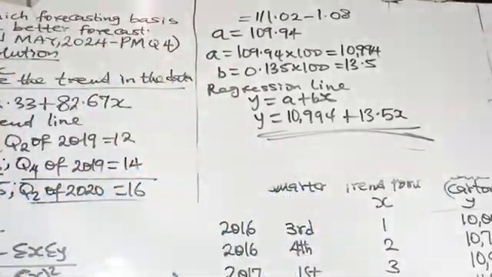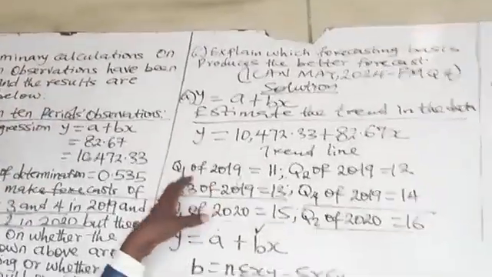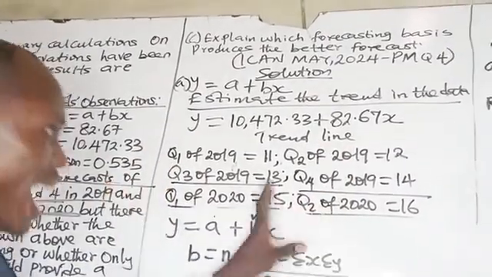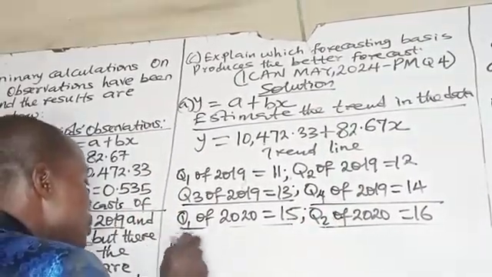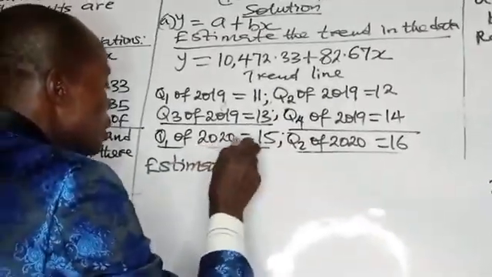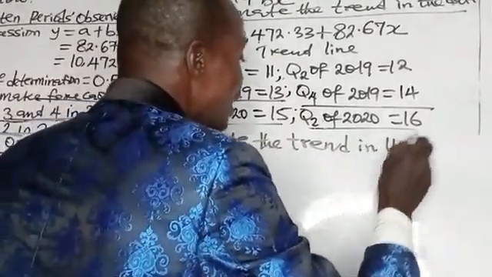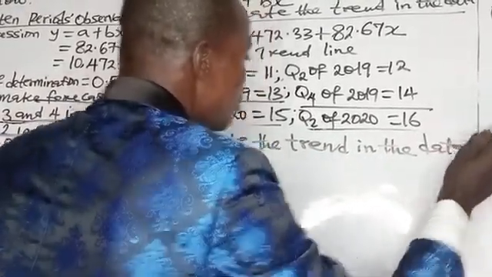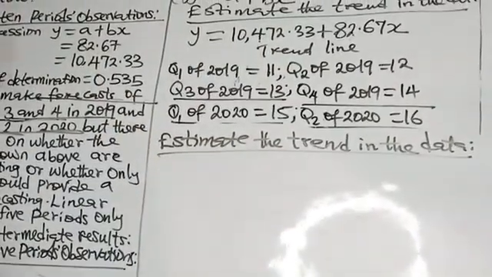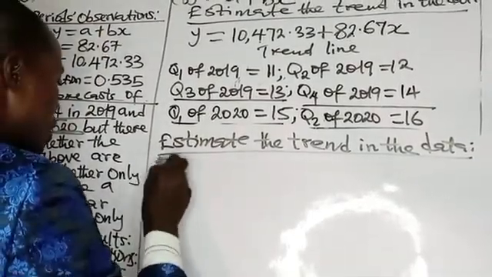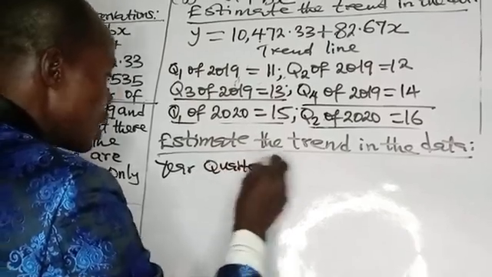So you now go back to estimate the value of sales for the 4 quarters as required. We can now estimate the trend in the data. We have year, quarters, and the trend.